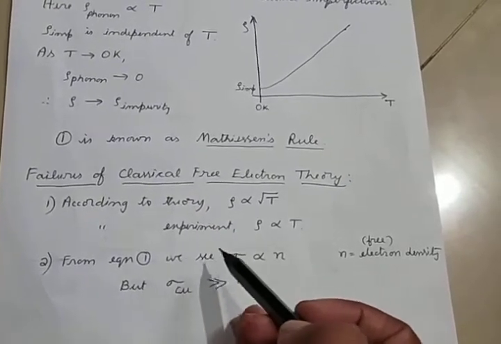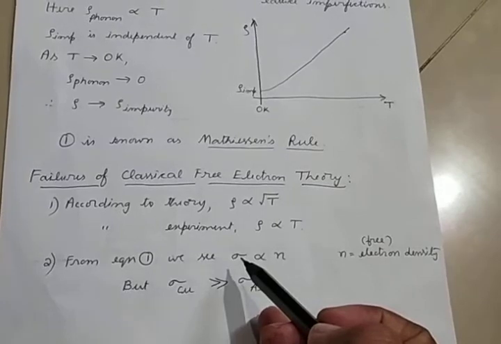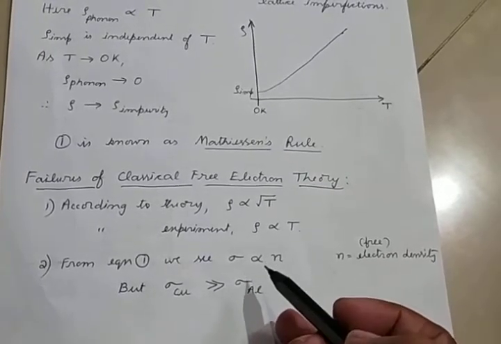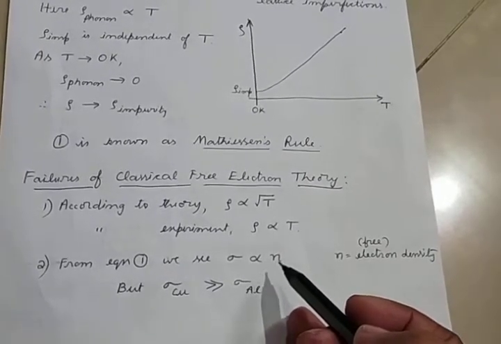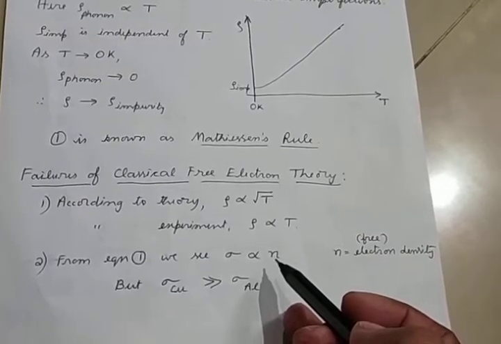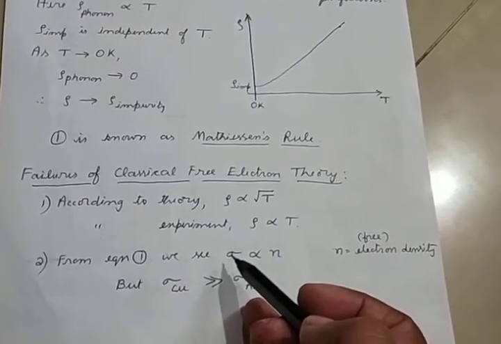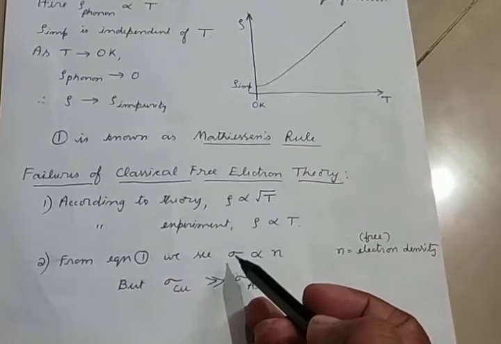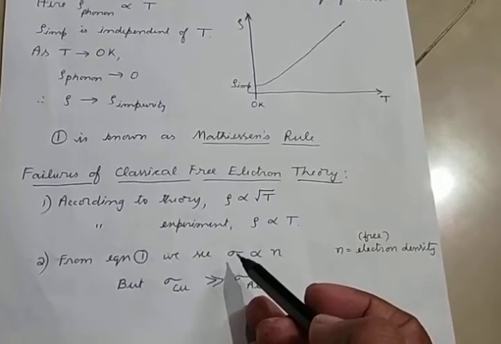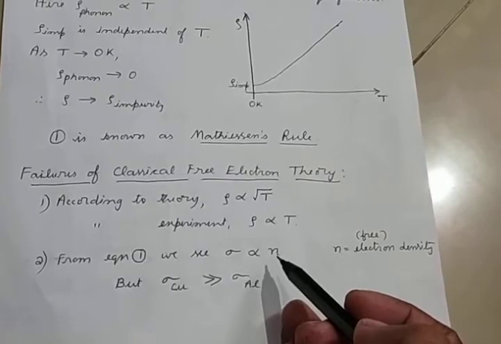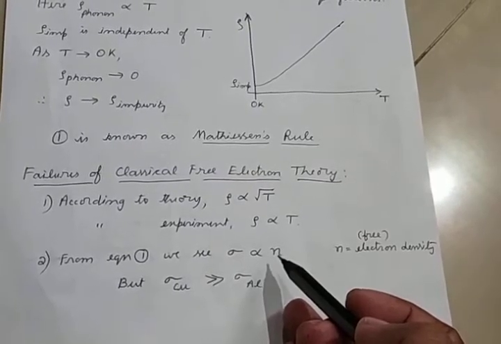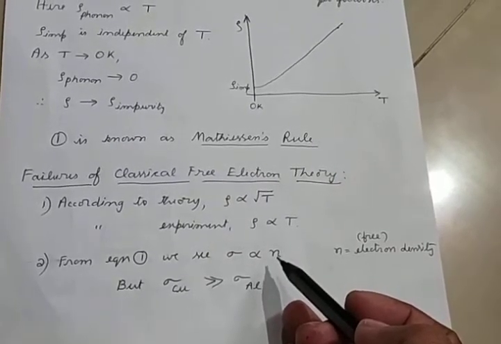Another thing we see is that the conductivity of the metal is proportional to the free electron density. The greater the free electron density, the greater the conductivity of the metal. According to this, aluminium has more free electron density than copper. Therefore, aluminium should be a better conductor than copper.